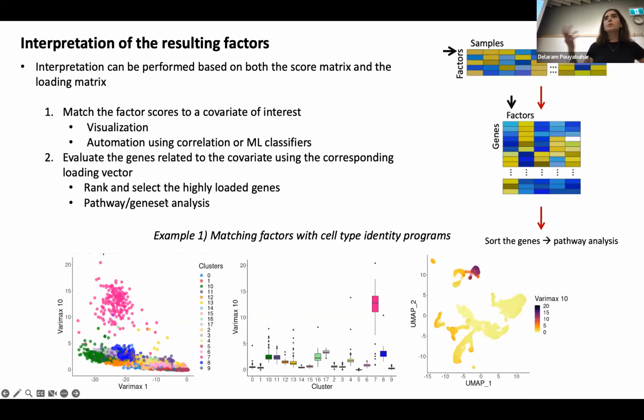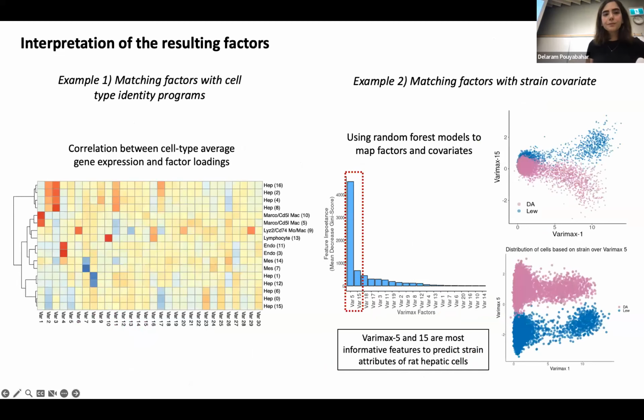You can study those genes if you're interested. They can be followed up in experimental validations, or you can have a more holistic view and perform pathway analysis or gene set analysis on that sorted list of genes and figure out what biological function that factor is representing.